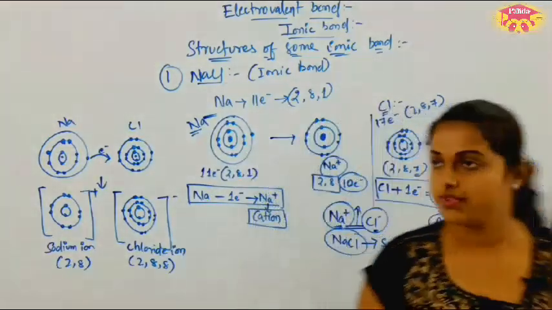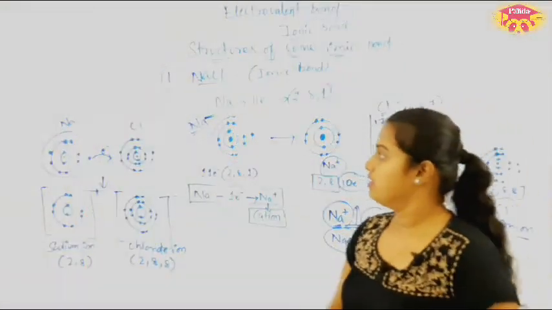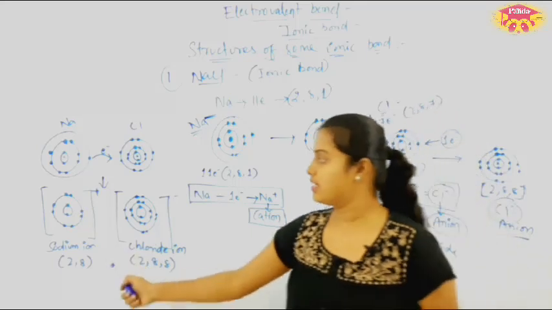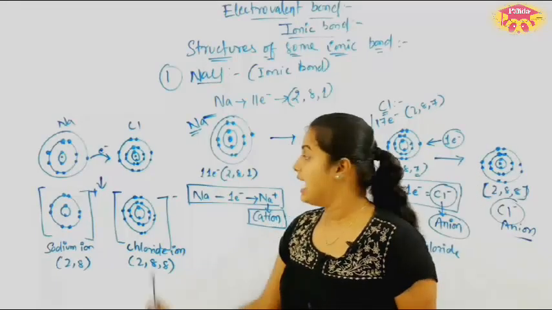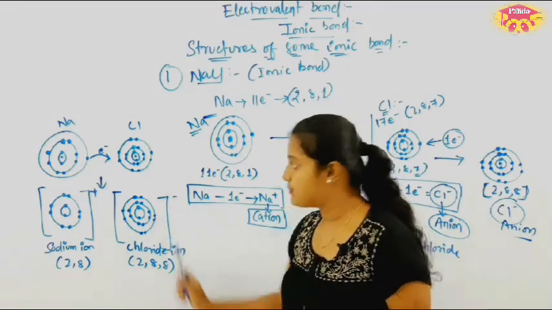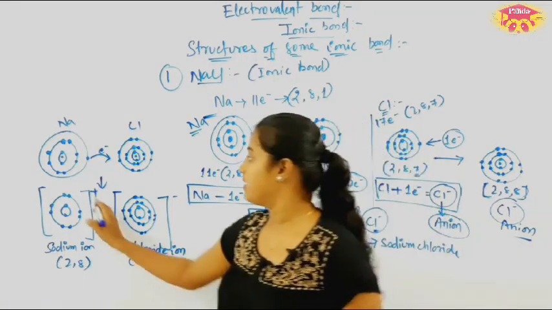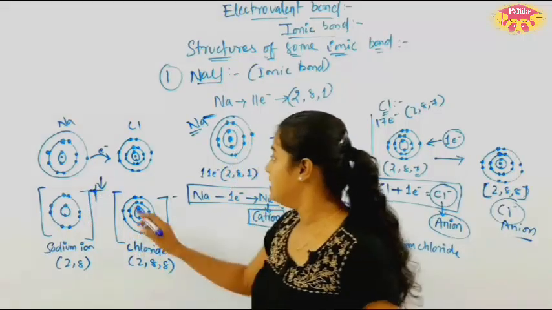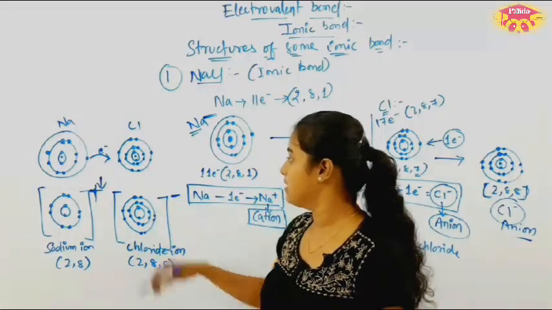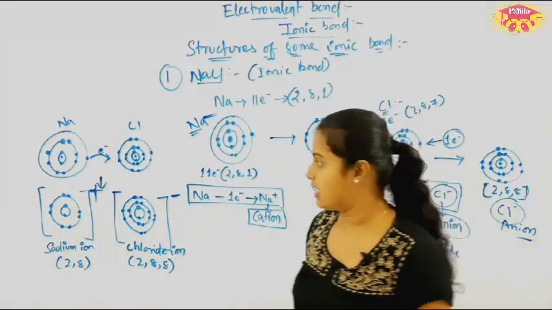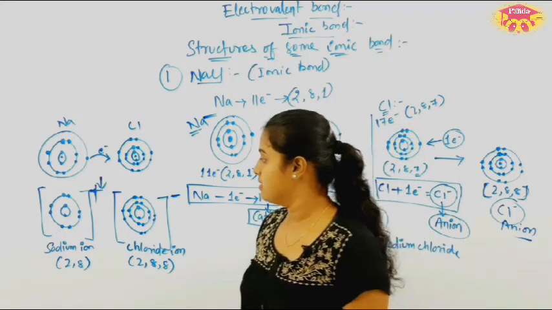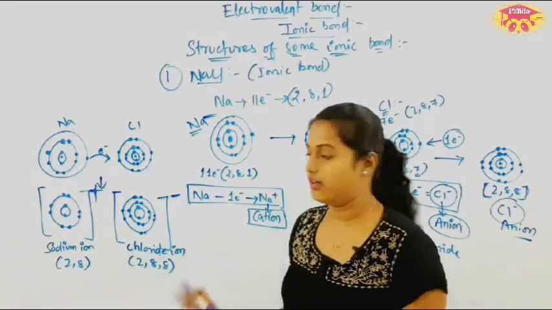Okay students, so the sodium atom loses 1 electron to form sodium ion and the chlorine atom accepts 1 electron to form chloride ion. Here I have marked it as positively charged because it donates an electron, and it accepts an electron, so it is negatively charged. The transfer of one electron.